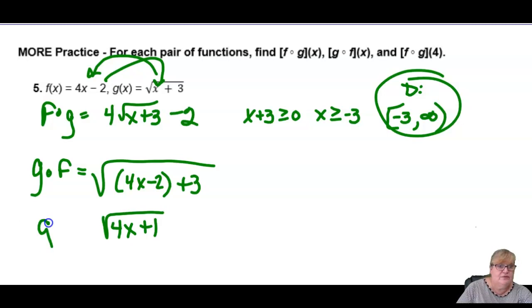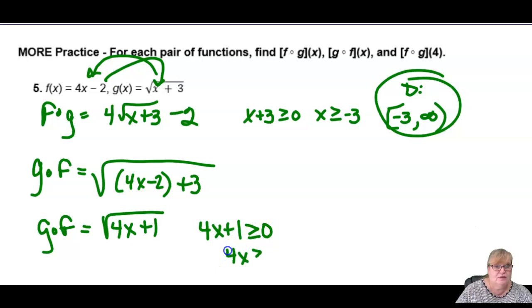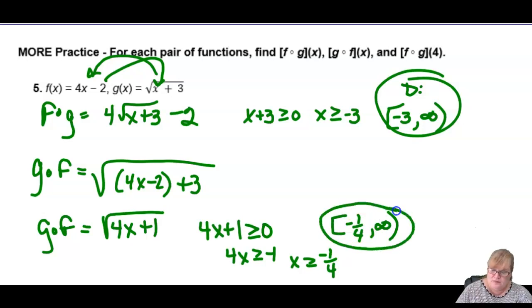That is g of f. Now, what's underneath the radical must be greater than or equal to 0. If I subtract 1, divide by 4, so I would have -1/4 and up is the domain of that one.